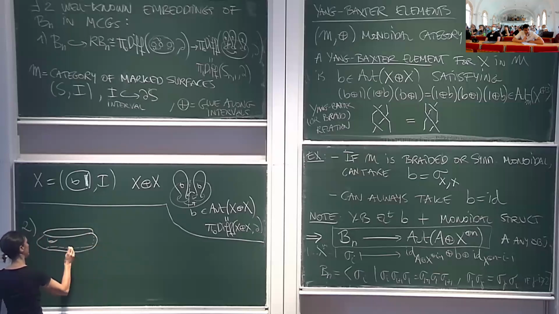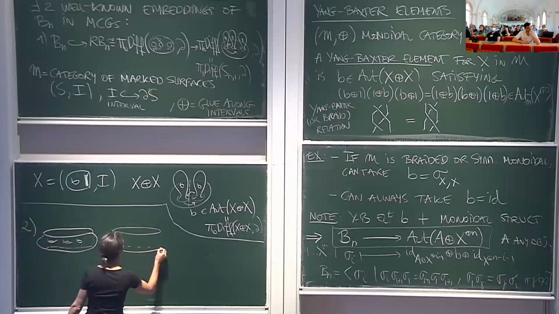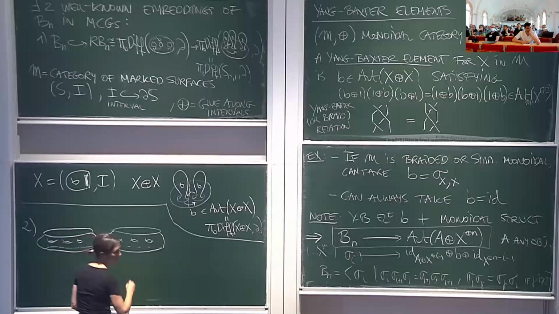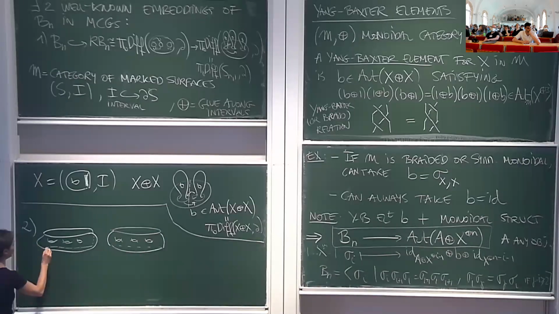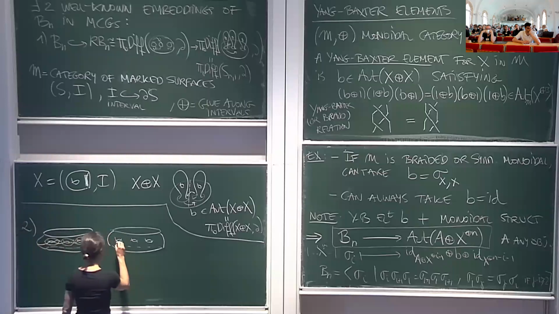This is at the back, and I'm going to draw another one like this. In these surfaces, I have certain embedded circles. I can take a circle here, and then here, and then there, here. So it's a chain of circles where consecutive ones have intersection number 1.